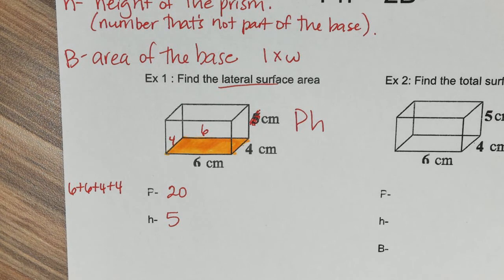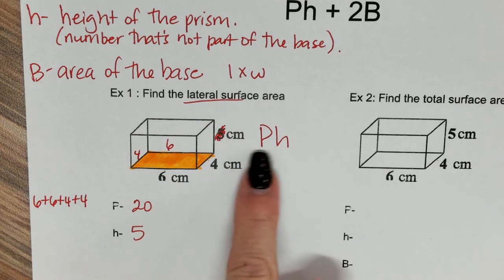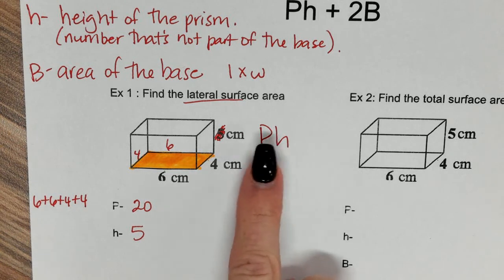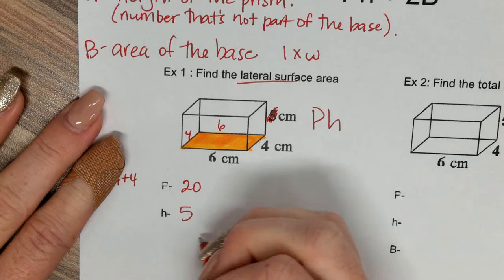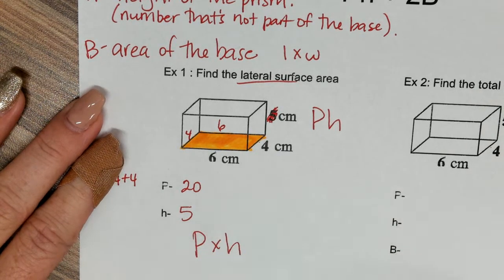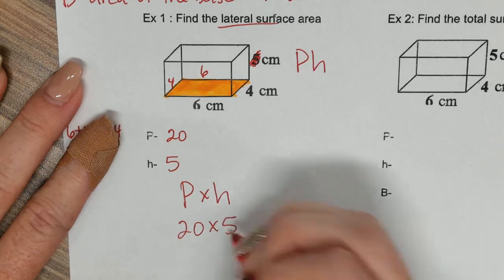And now we're pretty much done. The last thing we're going to do is follow the recipe. Follow the directions. What are the directions for lateral surface area want us to do with the P and the H? Multiply them. So we're going to do P times H. So 20 times 5.